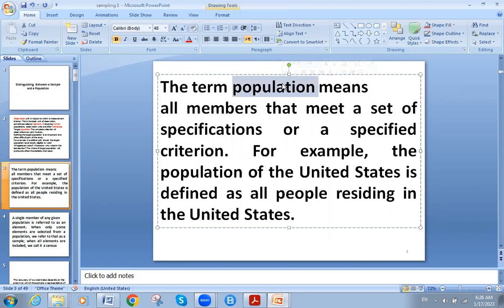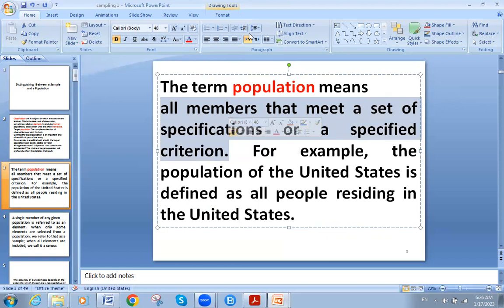The population means all the community which we are studying, and the units of the population means the whole units which we are studying. The term population means all members that meet a set of specifications or a specified criterion.